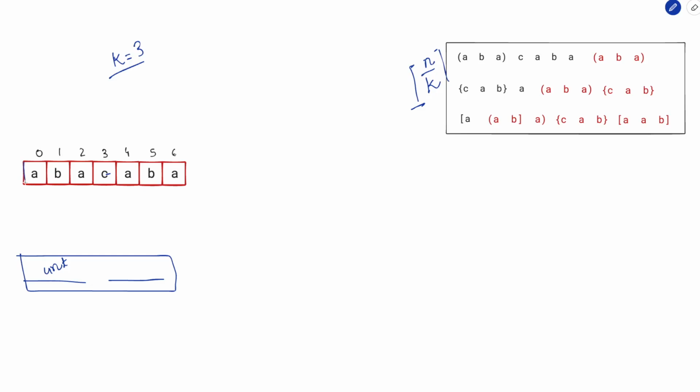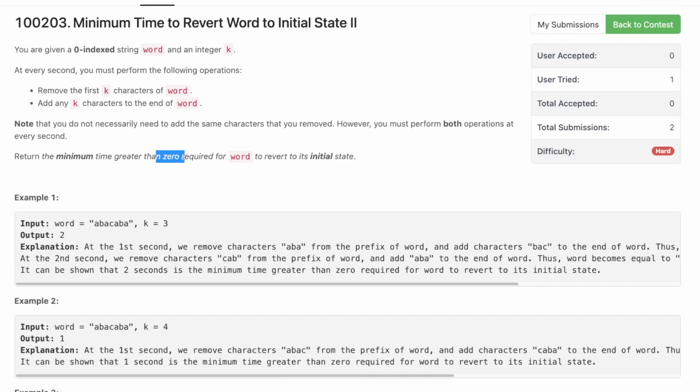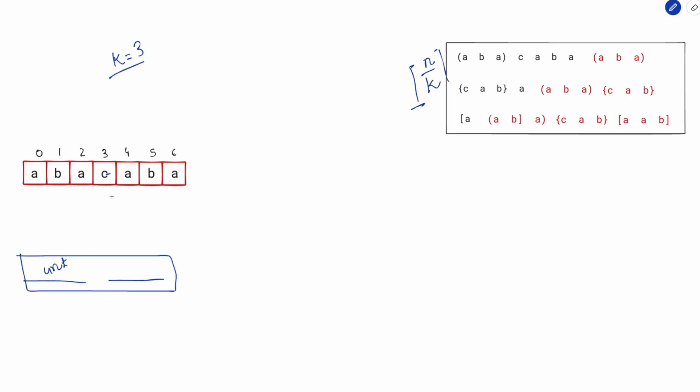So let's say in this case you have to do at least one operation, because it is given in the problem that you have to do one operation, otherwise the string is itself the original string and there is no point in the question. So you do one operation. In one operation you touch these three characters, right?